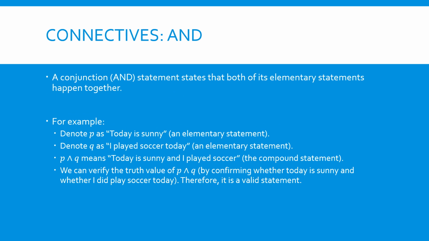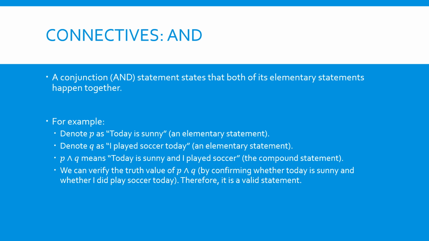First, we have the conjunction or AND connective. It takes two statements as its operands. The corresponding statement says that both of the connected elementary statements are true at the same time. For example, let P denote today is sunny, and let Q denote I played soccer today.